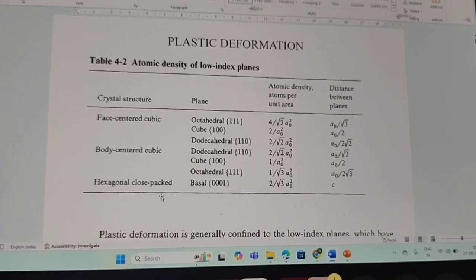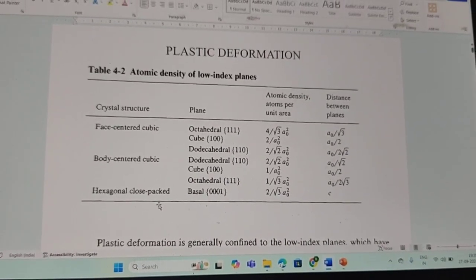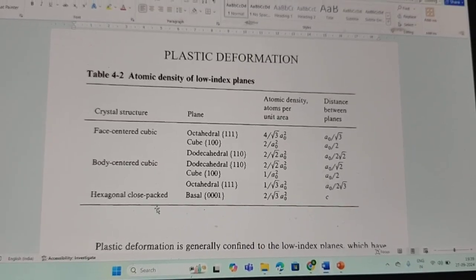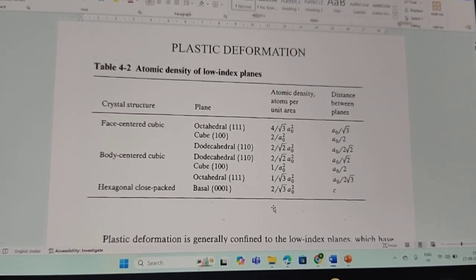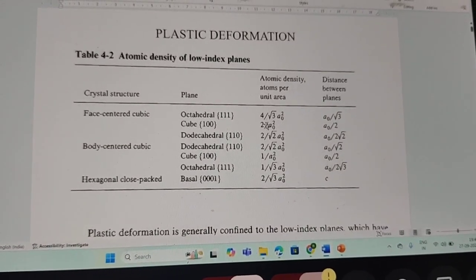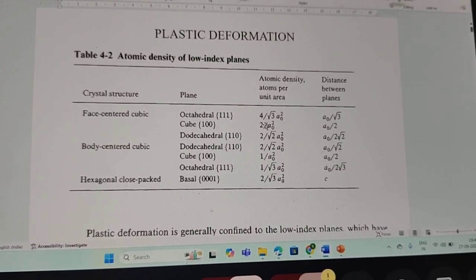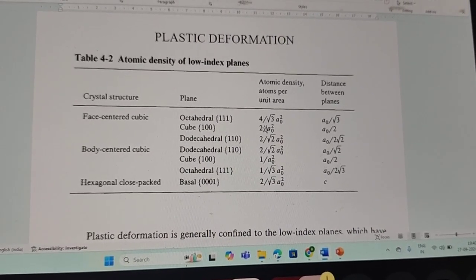Hexagonal close packed are in that sense not at all ductile like FCC and BCC, because they have only the basal plane. See, this ductility also depends on other factors also. So how many of these planes are there? How many directions are there in which those planes would move?